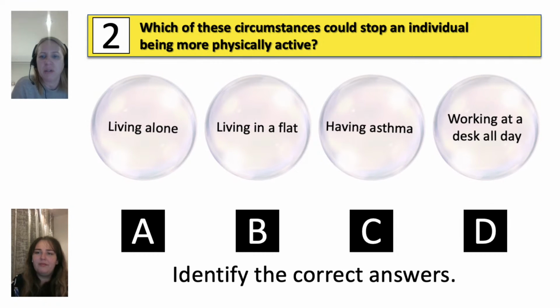Have we got anything, Laura, come through yet? Not just yet. Oh, hang on. Unless these are Amelia's. Oh, these might be Amelia's new ones, actually, for this question. You've got A, B, C, and D. Monica's saying C, B, and D. Yep. And A, because they might not have someone to motivate them.